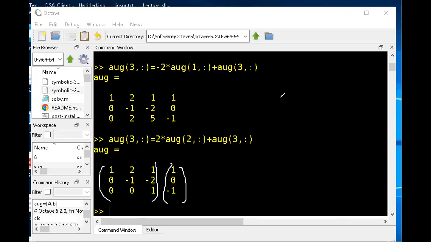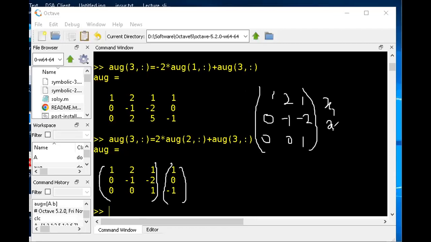I will write here the rows 1 2 1, 0 -1 -2, 0 0 1, times x1, x2, x3. And this is my new right hand side, 1 0 1.